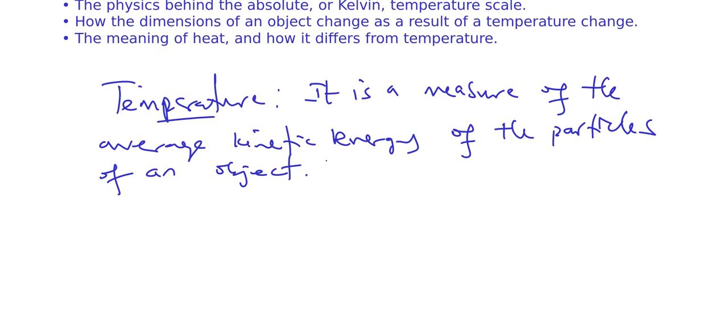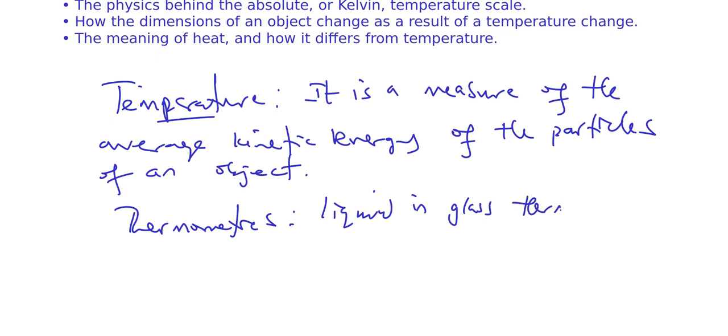Now, how do we measure temperature? We measure temperature using thermometers. There are different kinds of thermometers. One of them is the liquid in glass thermometer. In this case, there will be a liquid in the glass, as it is shown here.